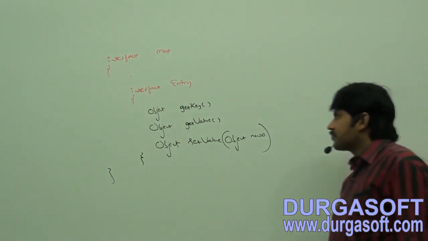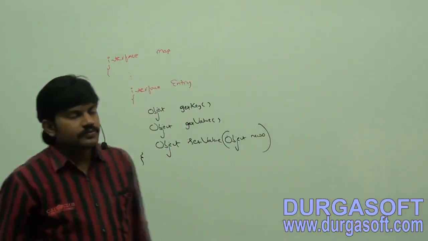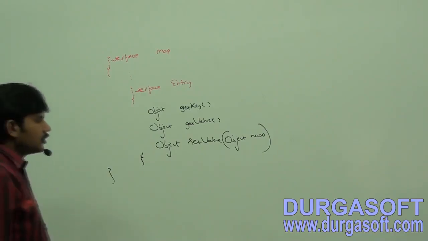Object get key, object get value, object set value of object.